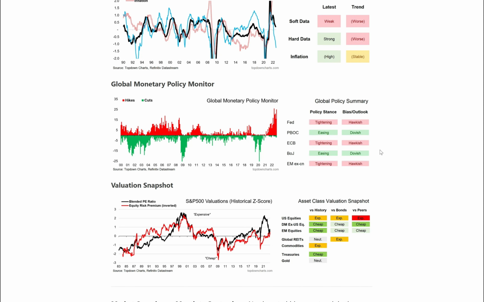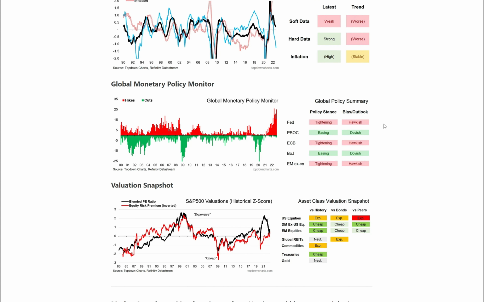Then very closely related, and very important, perhaps more than usual in these times, is the global monetary policy pulse. This shows the number of rate cuts in green and the number of rate hikes in red. There are a lot of different indicators I have on monetary policy, but this just gives you what's going on.